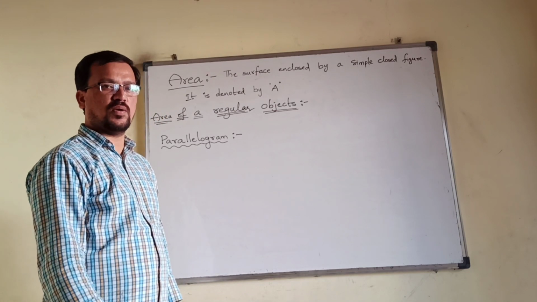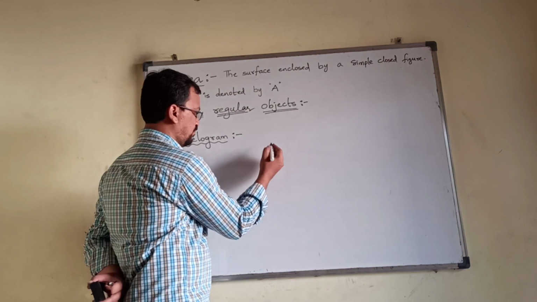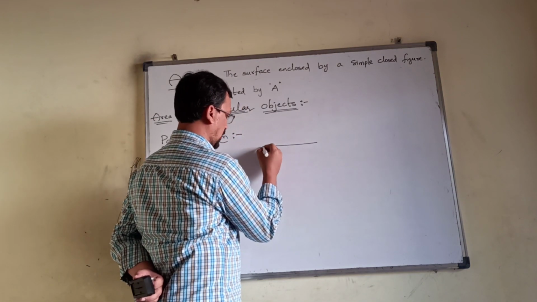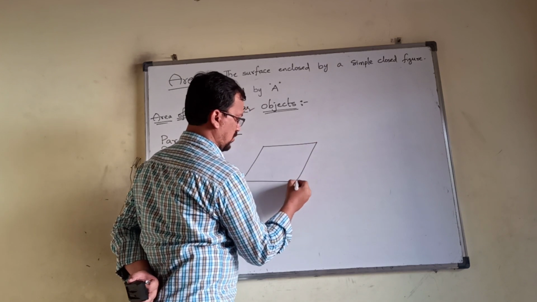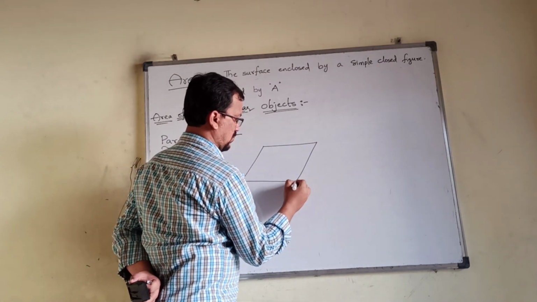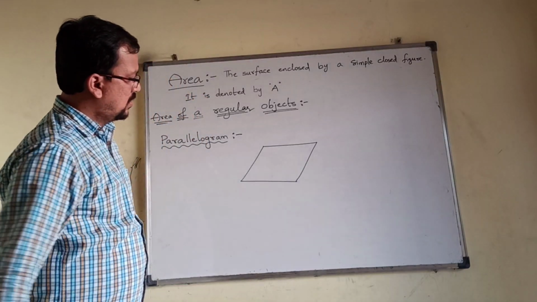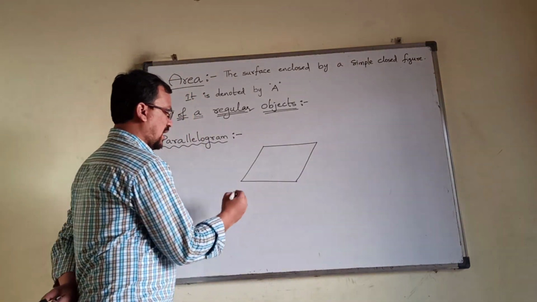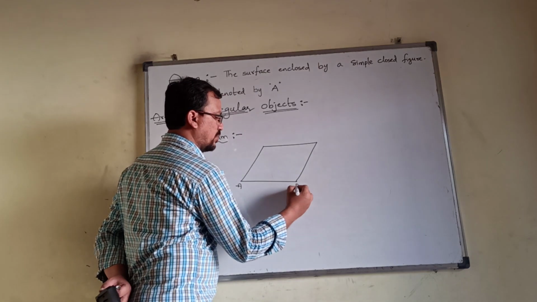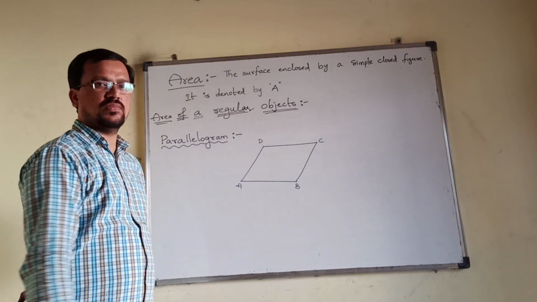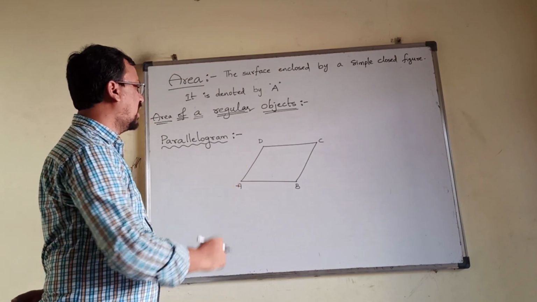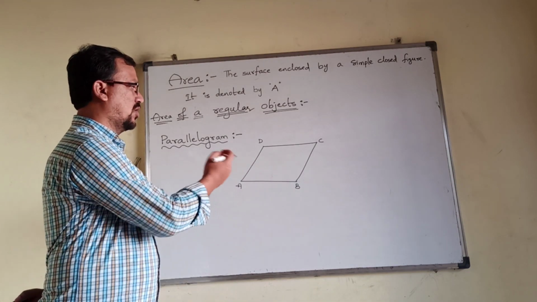Two pairs of opposite sides are parallel. This can be taken as parallelogram ABCD. How to find the area of this parallelogram?